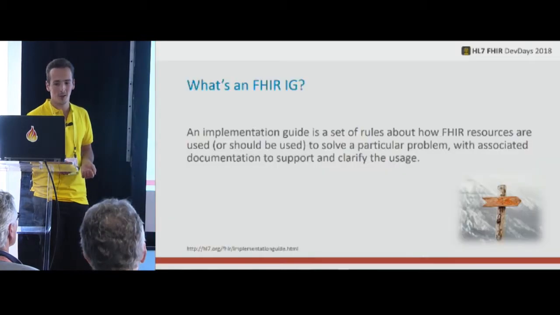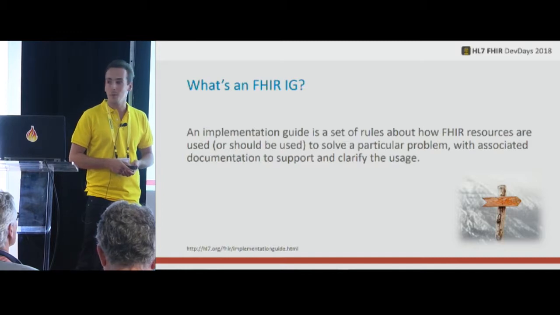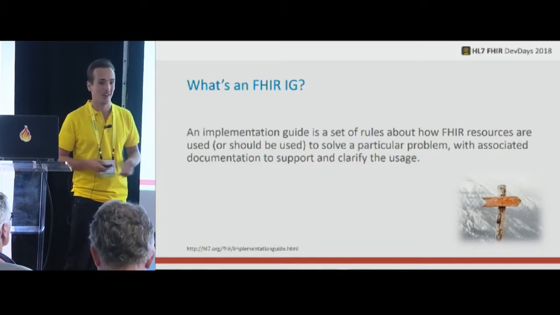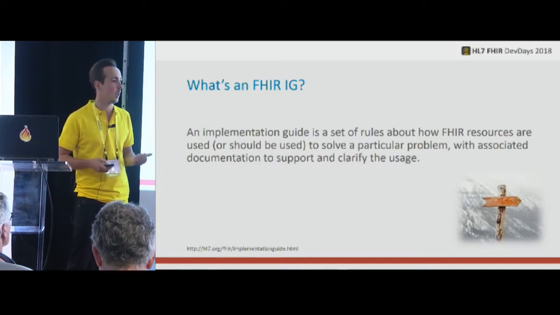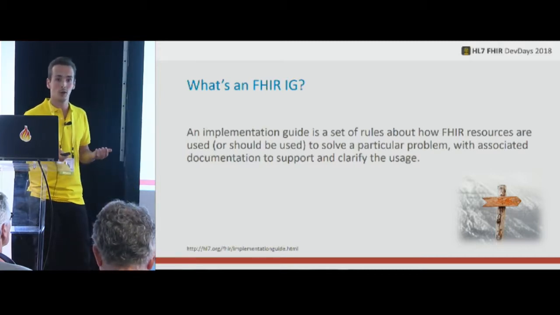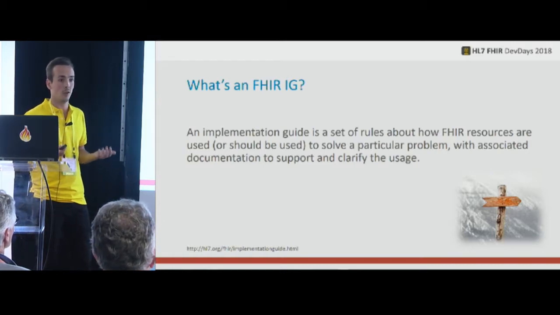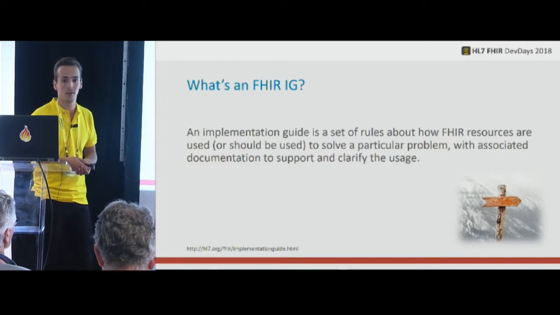Well, an implementation guide. FHIR will most likely never be implemented as a whole, and as is. So you will likely have a selection of resources that you will need for your use case, and also you will mostly not need all the search parameters, or you will not need every API functionality.